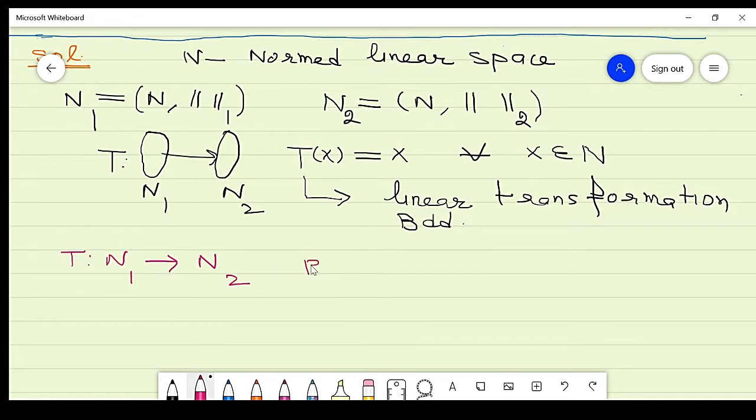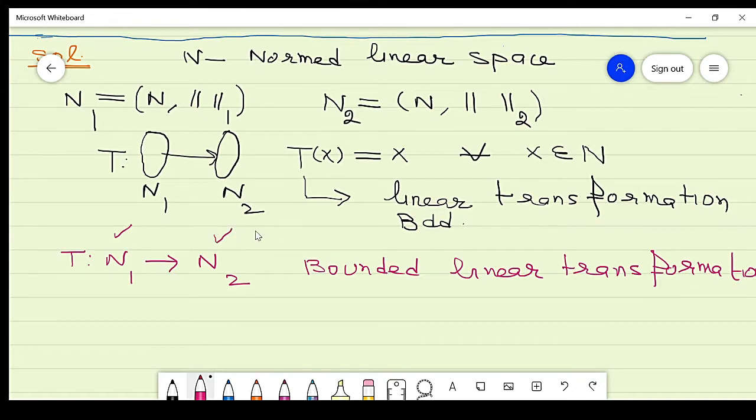This is a bounded operator, a bounded linear transformation, whose domain is N1 and whose range is N2.